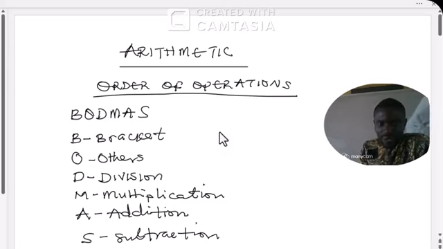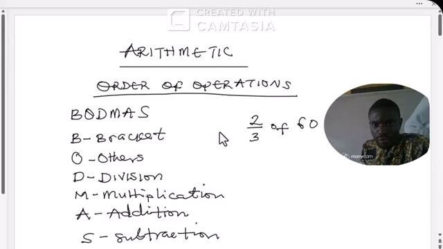Okay. So let me give you an example of the orders. Like when you have 2/3 of 60. This "of" means multiplication.